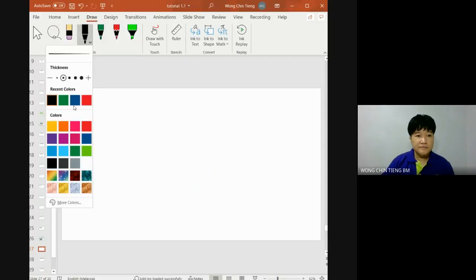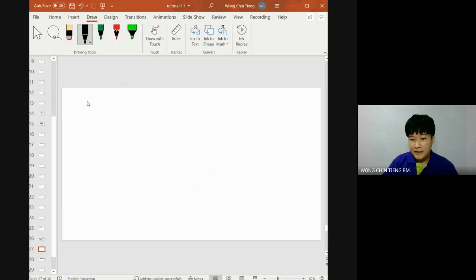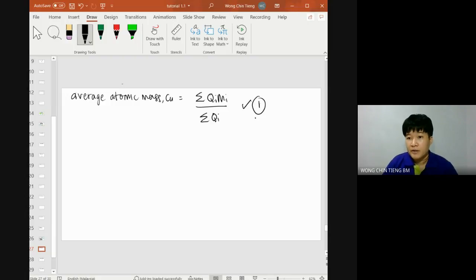So, start. Sambung, kita dah ada average. So, we go for the formula of average. Average atomic mass of your copper equals to total QI/Mi over total QI. Again, formula is a must, 1 mark. Wajib. Okay. Average atomic mass calculated 63.6 U yang kita cari dengan unit. Average atomic mass QI/Mi.